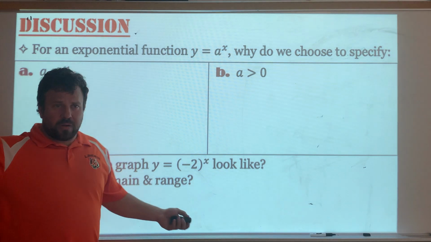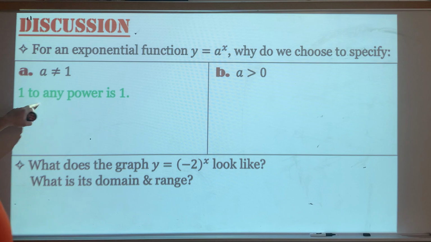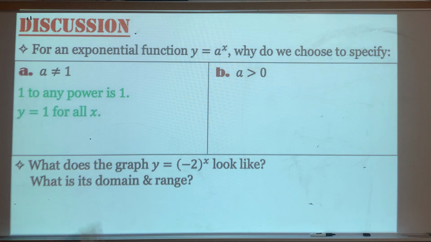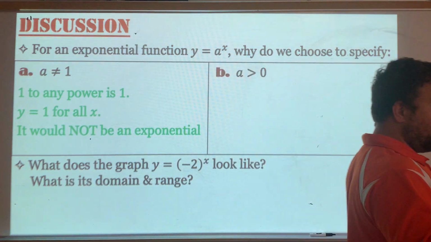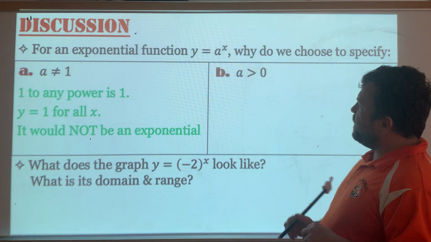What's 1 to any power? Well, 1 to any power is 1. So we have y equals 1, for anything that's x, so that's just not exponential. Y equals 1 is just a horizontal line. That's why it can't.